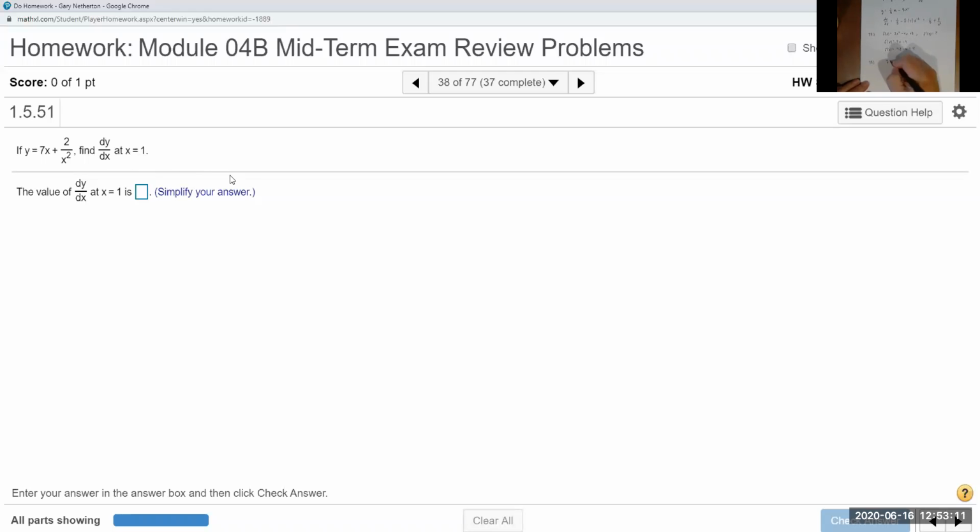So y equals 7x plus 2 over x squared. You'll see how I'm going to write this in a minute, how I like to write it.